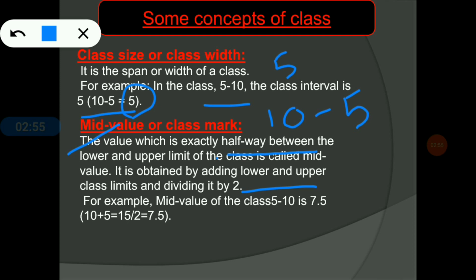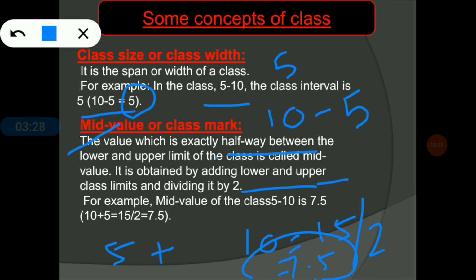In the class 5 to 10, the lower class limit is 5 and the upper class limit is 10. So 5 plus 10 equals 15, and dividing by 2 gives 7.5. That is the mid value of the class 5 to 10.